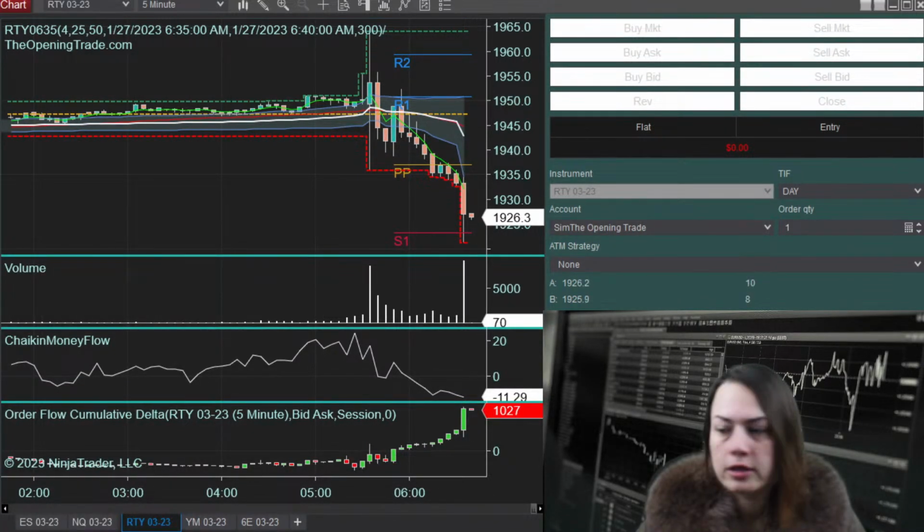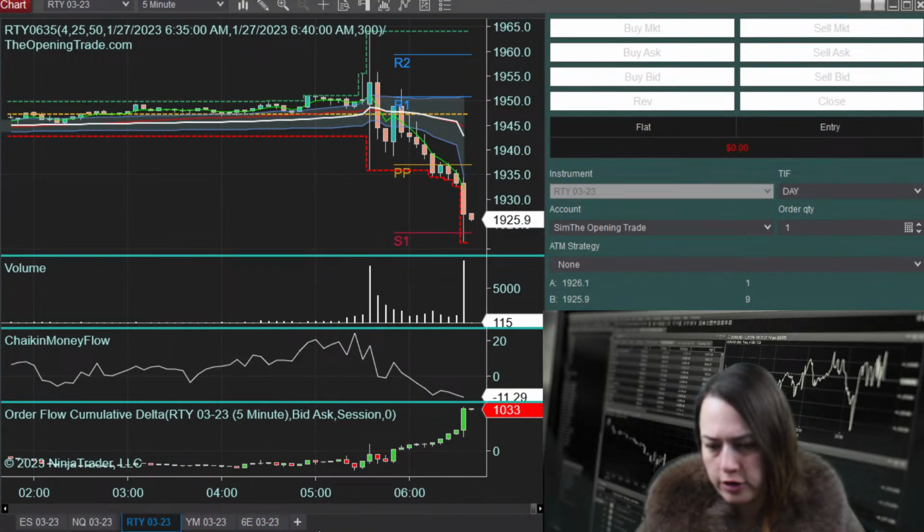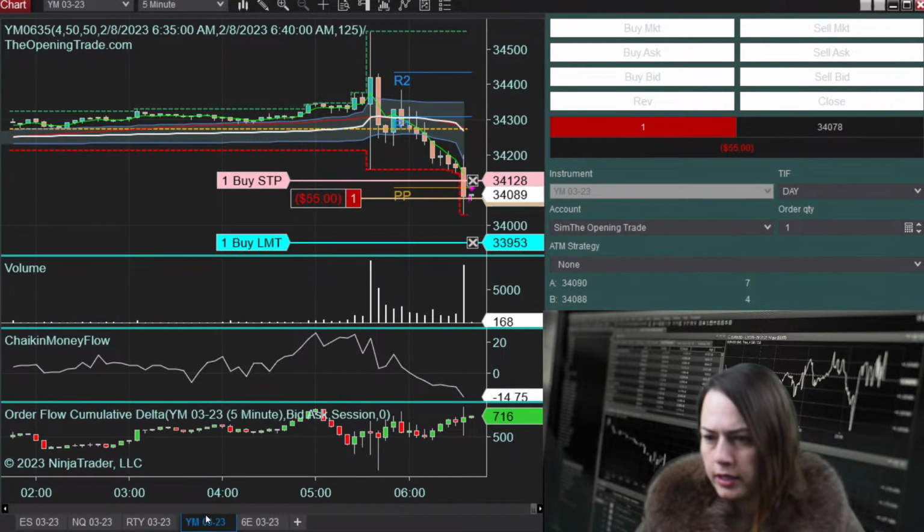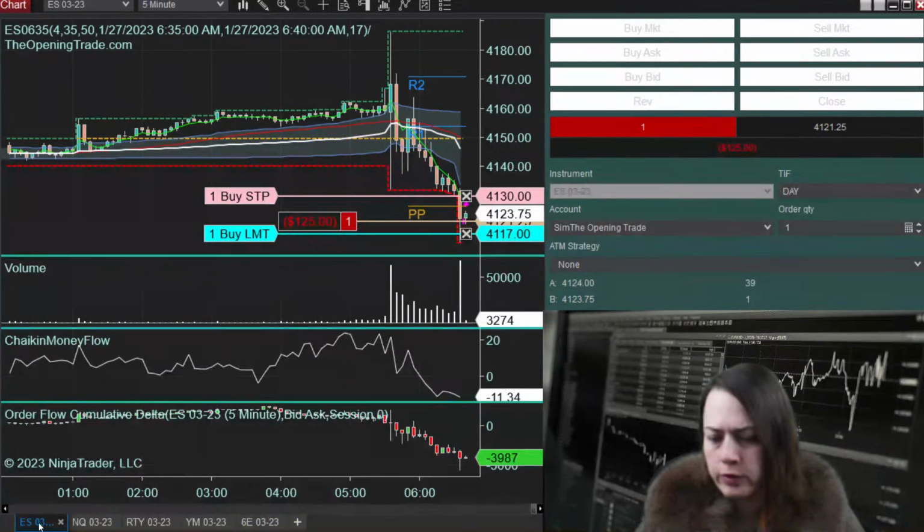Order submitted. All right, so we have an automated trade just fired off. It was not on the Russell. Where was it? Here, it was on the Dow, and we're also in one on the S&P 500.